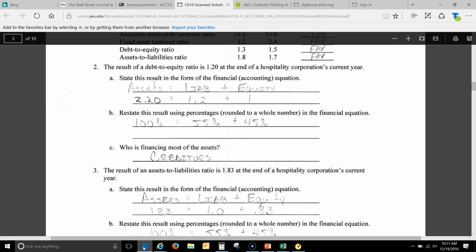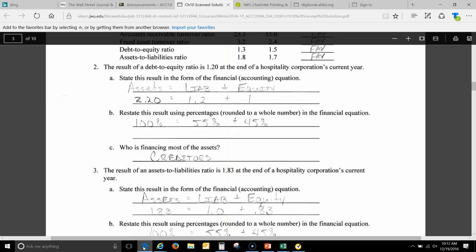All right, then it says restate this result using percentages rounded to a whole number. Okay? All right, now think. If we have to convert all this to percentages, I'll give you a hint. There's a common denominator here. What is it?